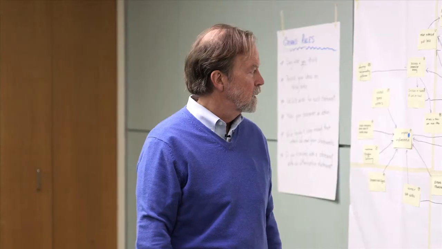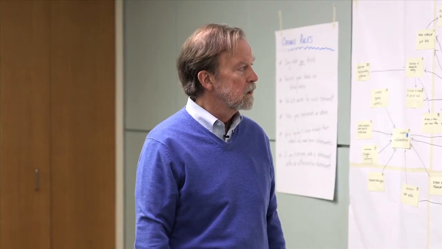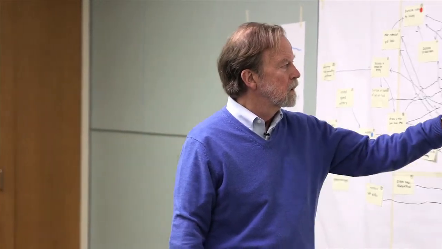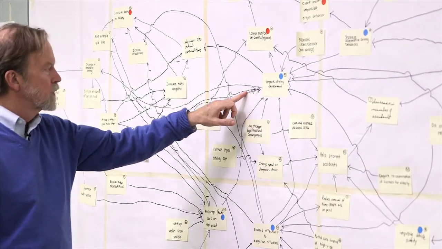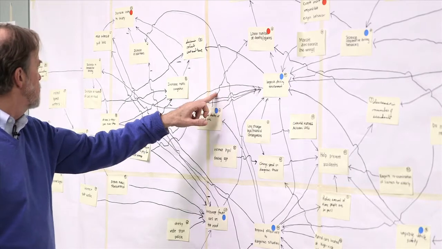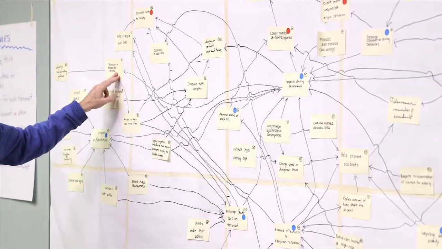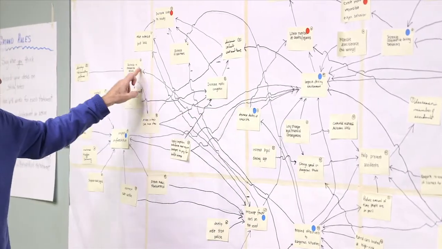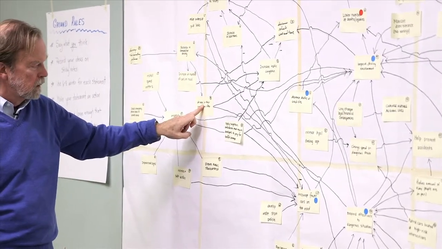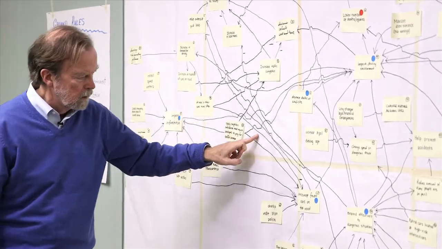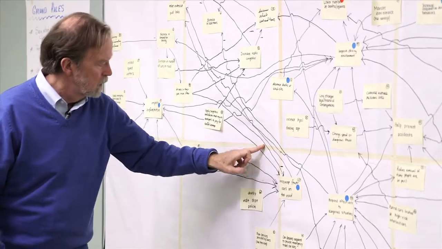Okay, do people see any other loops? How about 75, improved driving environment, to 21, increase in demand for driving? Which is where? To the far left, the first box. Okay. All right, and that leads to 89, drivers in their cars more often, which has a negative link to 63, encourage fewer cars on the road.